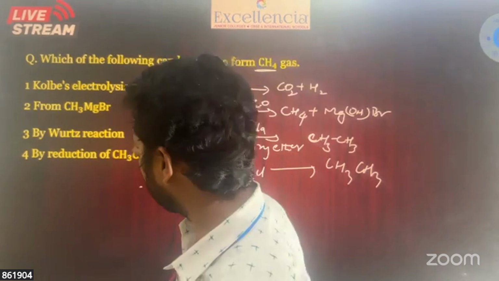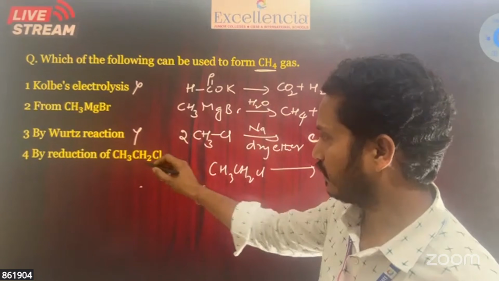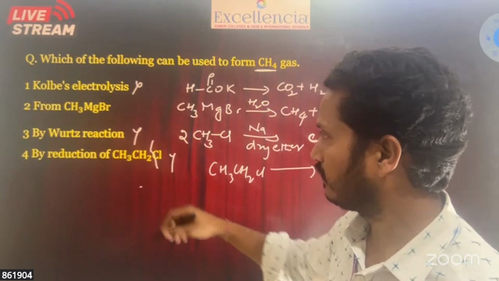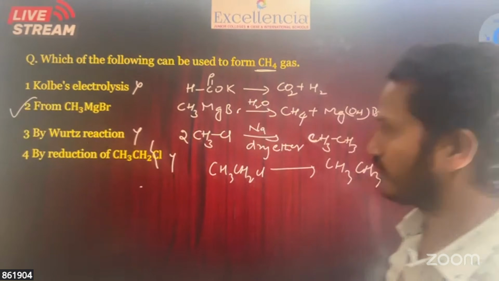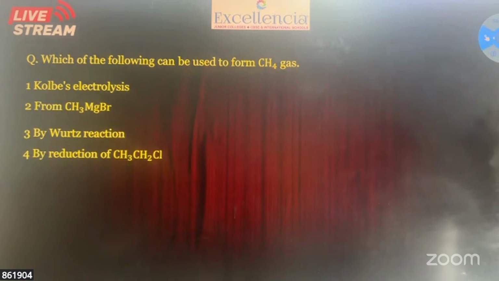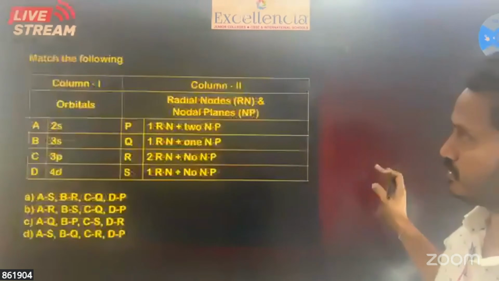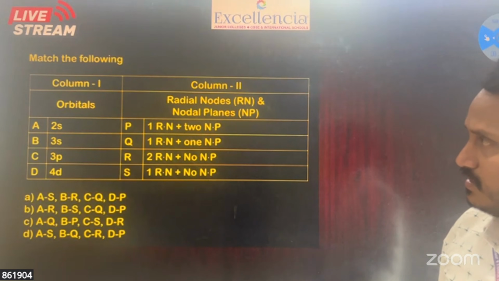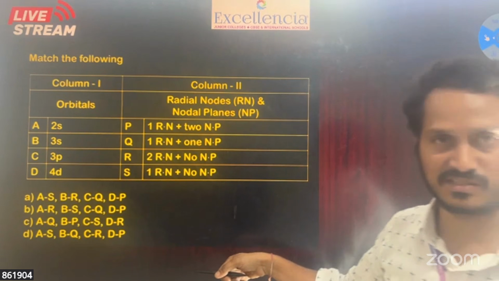Actually, this does not give the simplest alkane, and this also is not giving methane, and this will be the relevant answer. Okay, so this is one more question from organic chemistry.